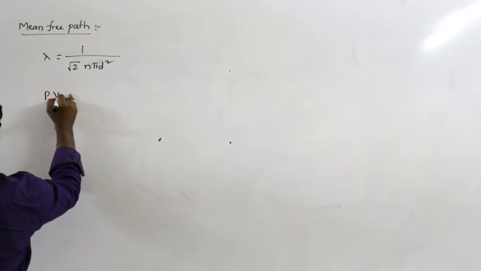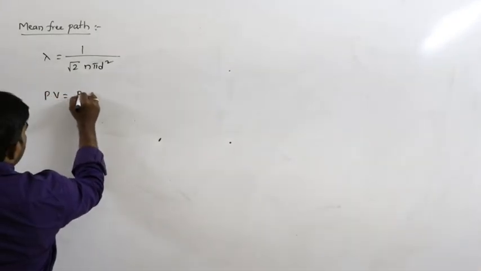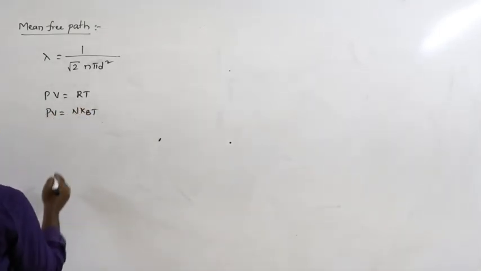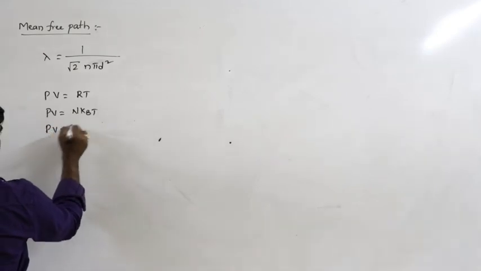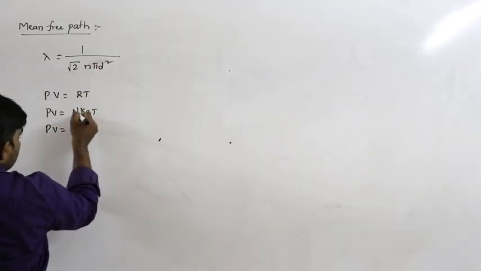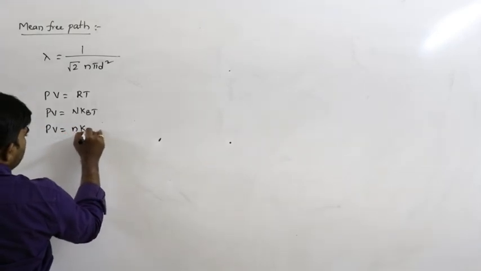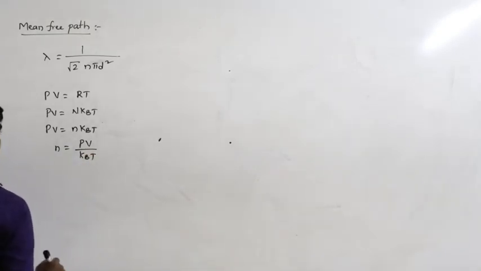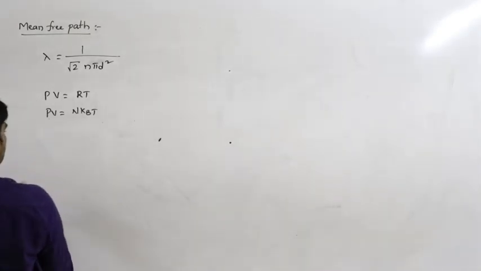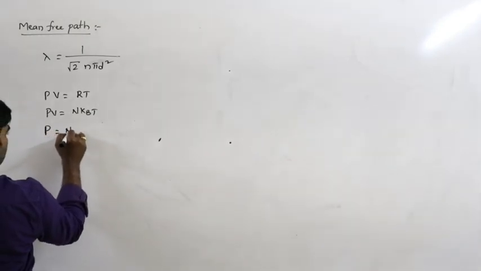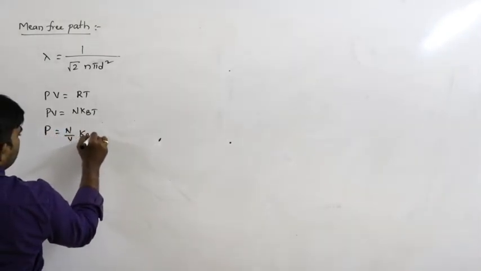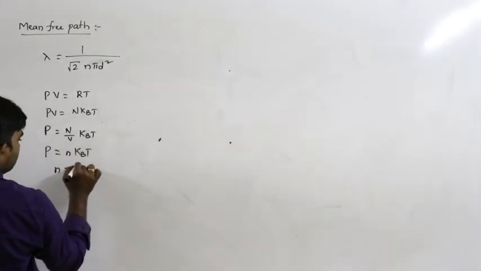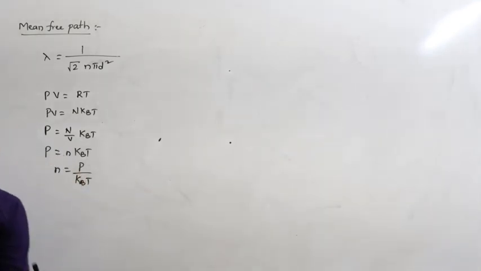Now, we know PV equals nRT, or PV equals N kBT. Here small n is the number of molecules, and capital N is also the number of molecules. So small n is equal to N by V, which is P by kBT, the number of molecules per unit volume.